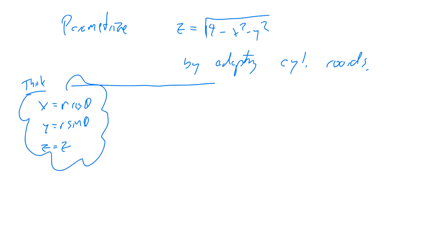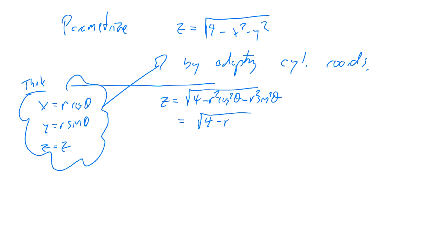And we substitute that into the equation. So we have z equals the square root of 4 minus r squared cosine squared theta minus r squared sine squared theta, which is the same as the square root of 4 minus r squared.